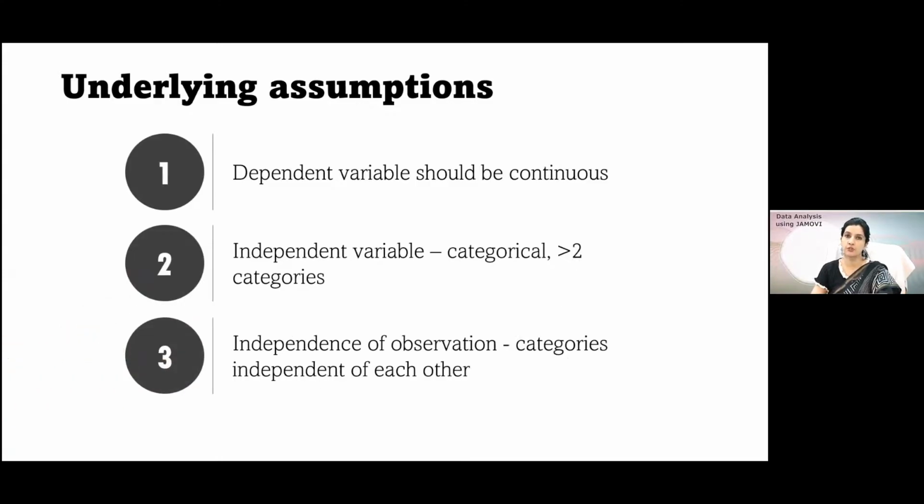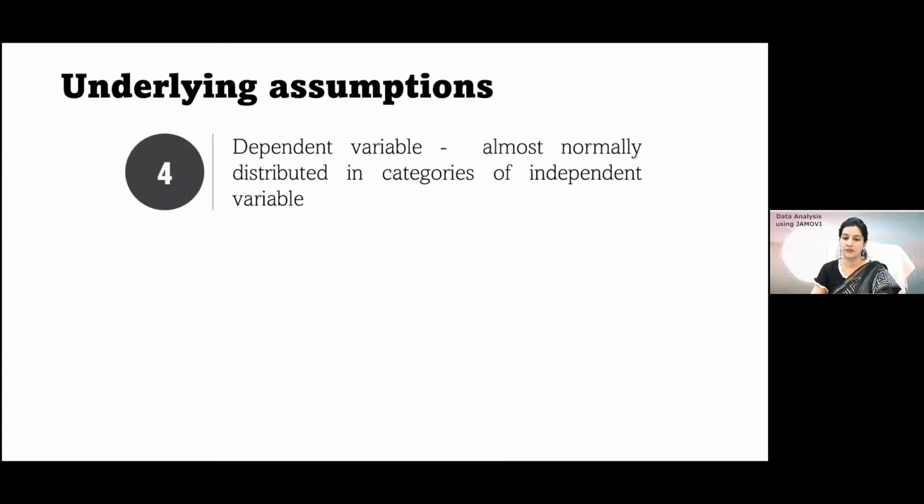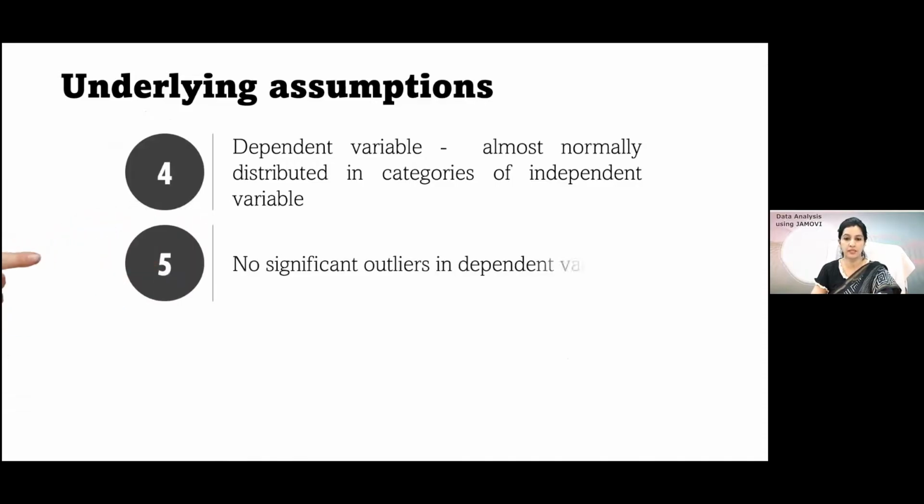And there should be independence of observation, meaning the categories should be independent of each other. Like all the assumptions we did in the independent sample t-test, these are the same. The fourth assumption is that the dependent variable should be normally distributed across the categories of the independent variable. This also we tested in the independent sample t-test.